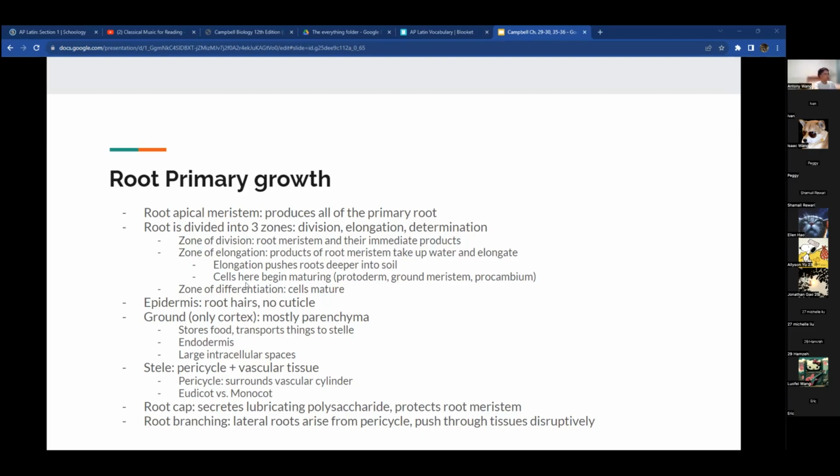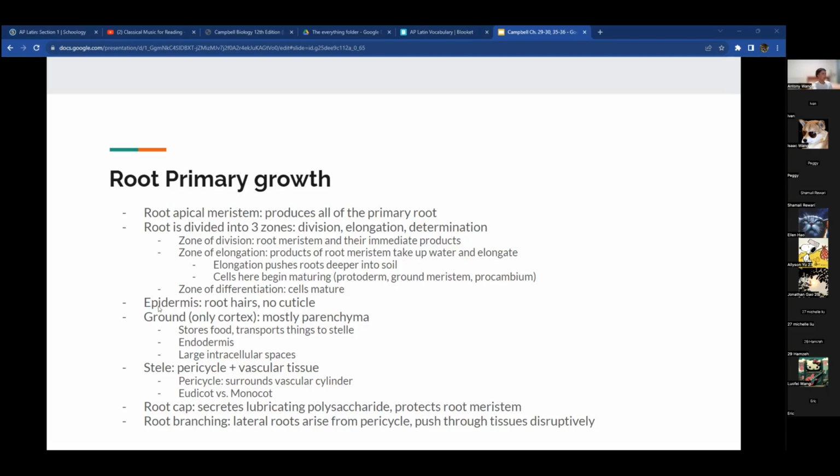This elongation pushes roots deeper into the soil. So the elongation of cells makes the root longer and therefore reaches deeper into the ground, right? And in the zone of elongation, cells begin maturing, and in the zone of differentiation, the cells do mature.